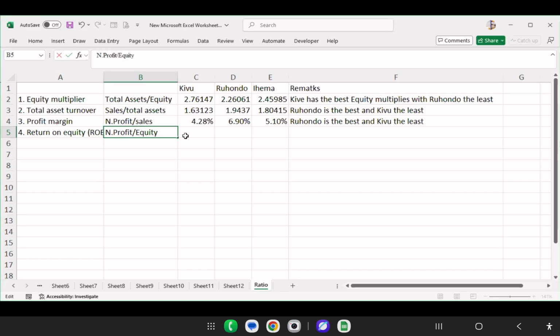So for these three, we are going to use the same net income. So I can copy this one, I paste it here, but I will change the equity.